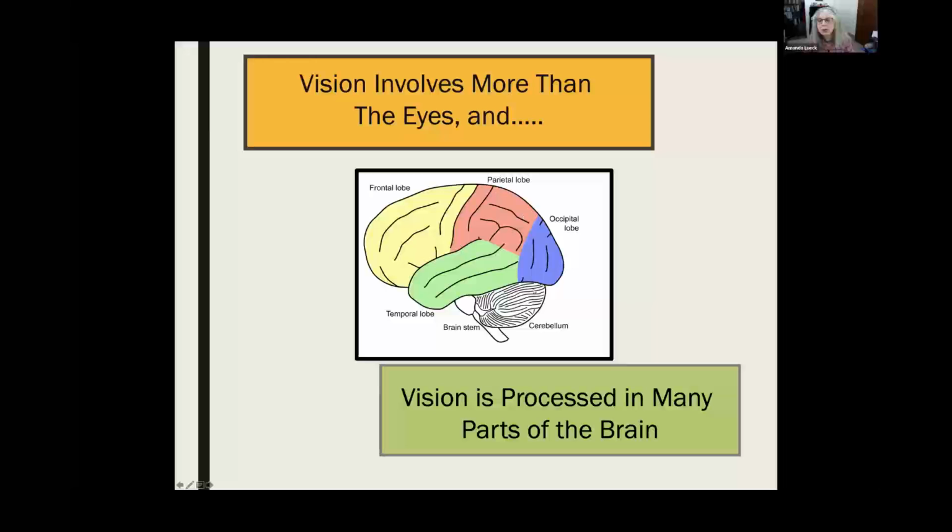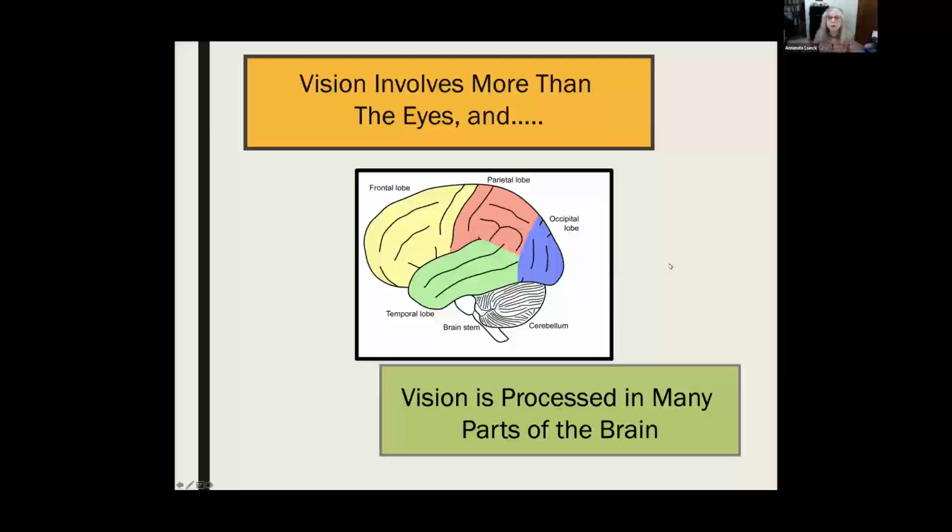But in order to understand the signals that come to the occipital lobe, which is in the back part of the brain, signals go out through networks throughout the brain so that the child or the adult can understand what they're seeing. And that's what we're talking about when we talk about visual processing.